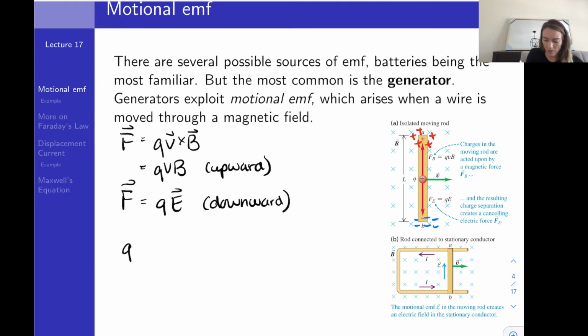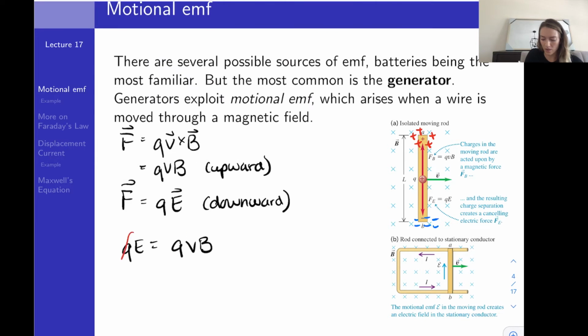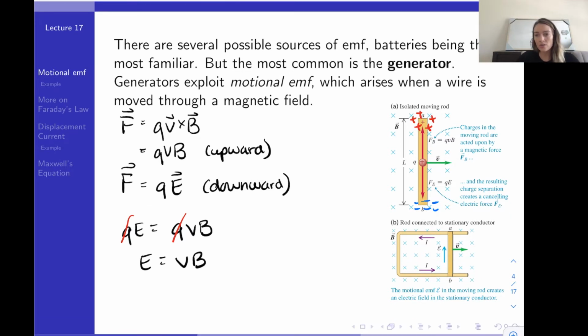So eventually we're going to have the case where the magnetic force and the electric force have balanced out. And we can see that our charge actually cancels, and we're left with just E is equal to V times B. And we also know the potential difference between this top portion and this bottom portion, since it's just like a capacitor where we have some constant electric field going downward.